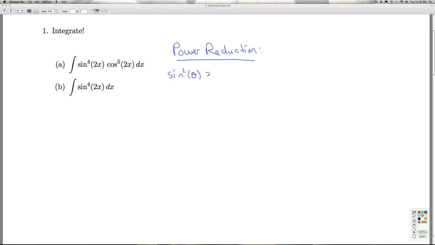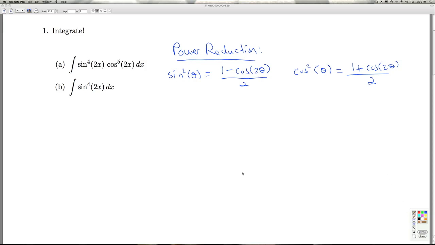Sine squared of an angle is 1 minus cosine of twice the angle, all divided by 2. And similarly, cosine squared of an angle is 1 plus cosine of twice the angle, all over 2. And so these allow us to reduce the power on the trig functions.